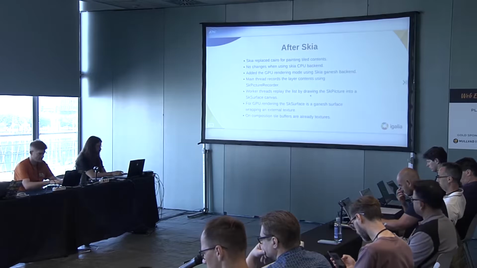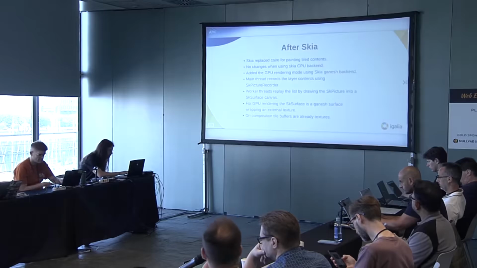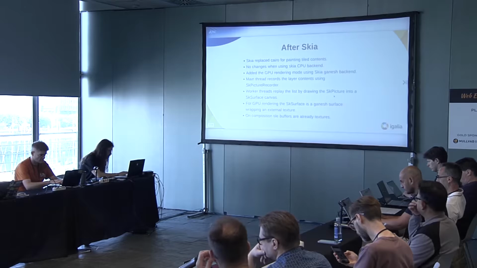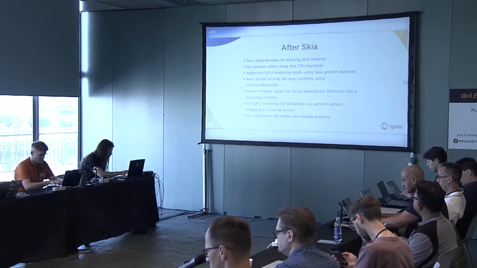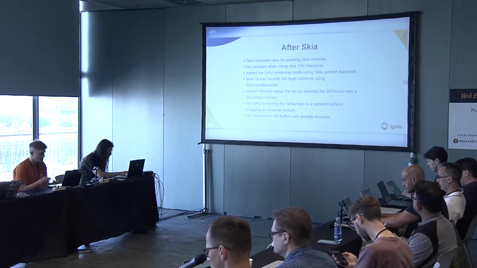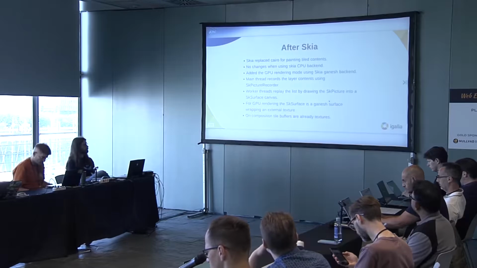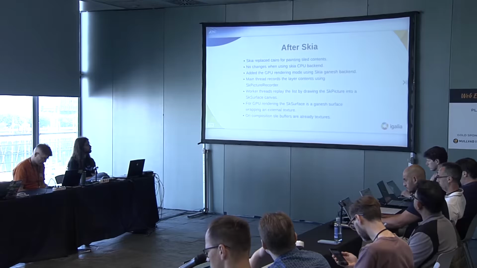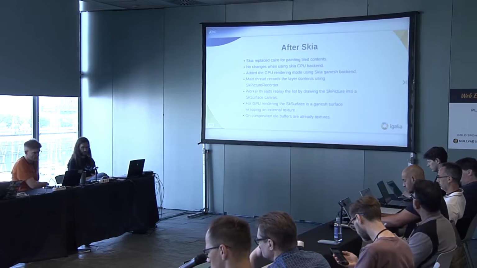So the main thread records the layer contents, but now using a Skia-specific API instead of the custom display list that we had with Cairo. We use the Skia picture recorder, and the worker threads replay this list by drawing the Skia picture into a canvas. For GPU rendering, this canvas, this surface, is a Ganesh surface that is wrapping an external texture.